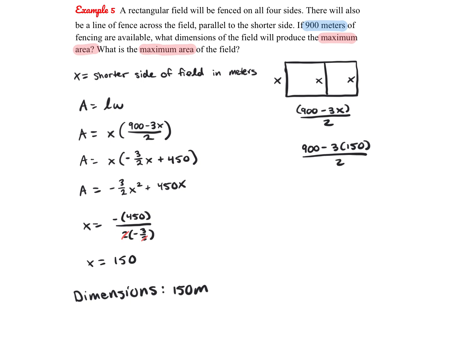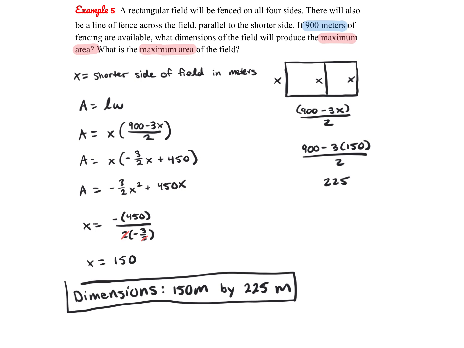So that gives us 225. So the other length, I'll say by, is 225 meters. So these are the optimal dimensions. And again, we found that by finding the x value of the vertex. So that is the optimal x value.